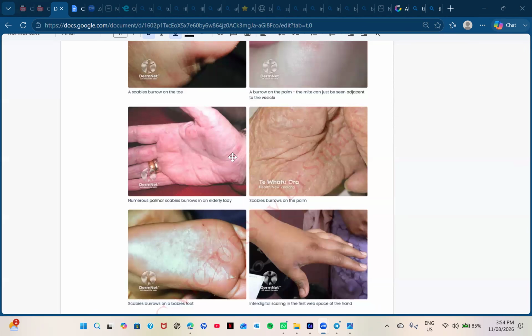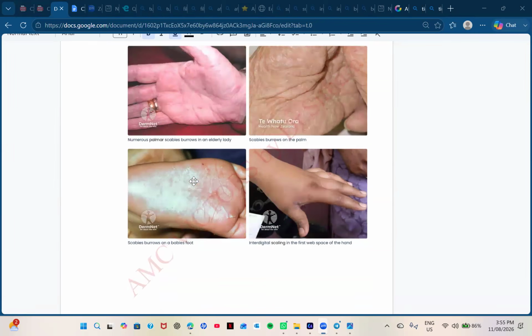Because every month this is asked. You can see the red papules, then excoriation, the pathognomonic burrows, right? Those things can be seen.